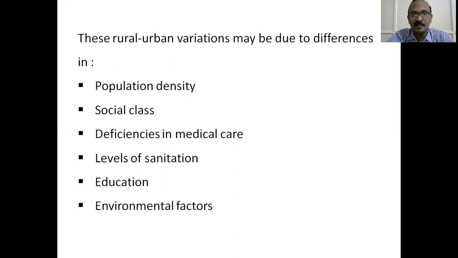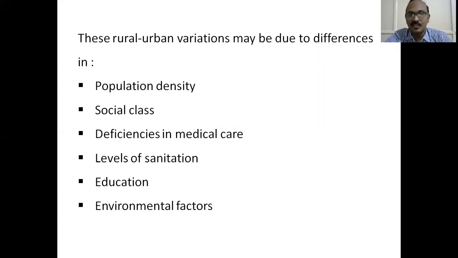Likewise, the deficiency in medical care in the form of drugs, logistics, and human resources, whether a doctor, a nurse or healthcare personnel, and levels of sanitation, like lack of safe water supply, as in the case of sanitary wells, sanitary ponds or tanks.